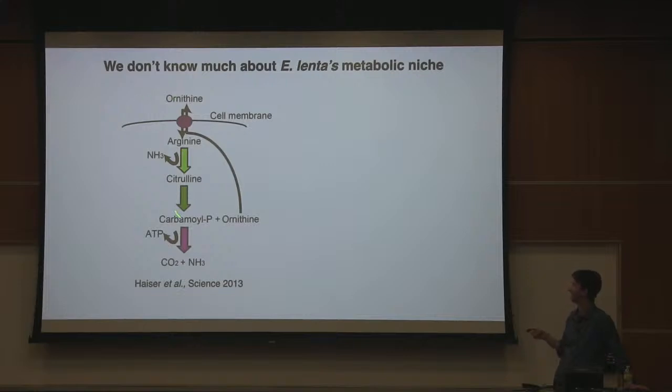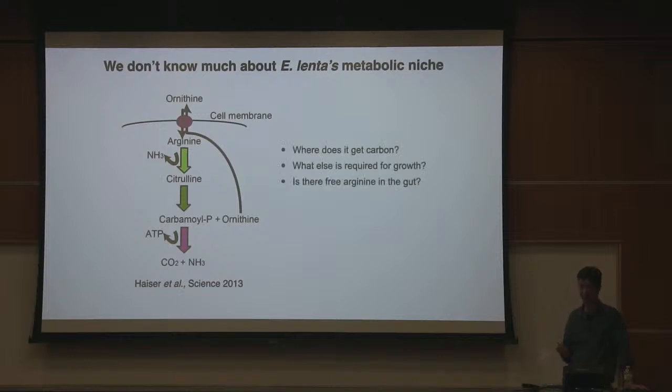And it uses this arginine dihydrolase pathway to take in arginine and then make ATP. But we don't really understand what the major source of carbon is for Elenta growth, or what else is required. And arginine has never really made a lot of sense, because arginine is very limiting in the GI tract. So it seems unlikely that Elenta would have a lot of access to free arginine.